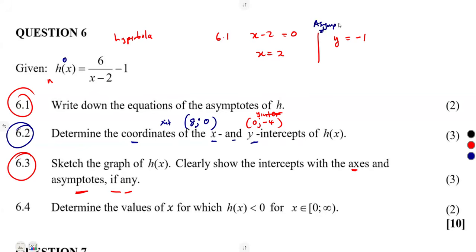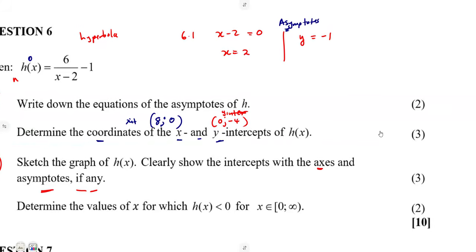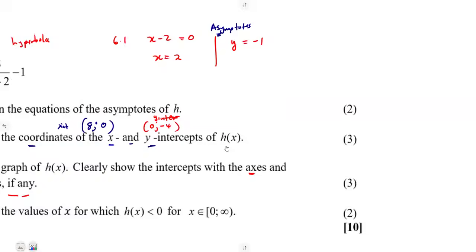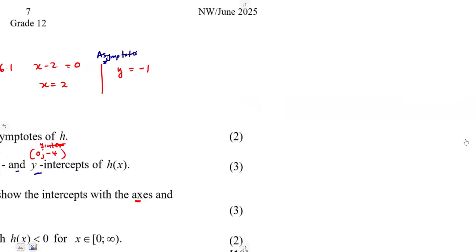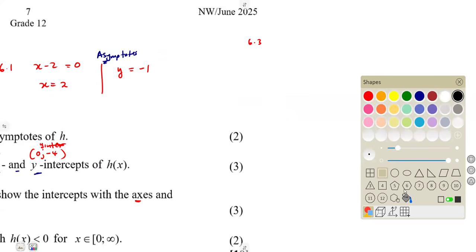So we can play around with this information to have our sketch. All right, so that's our 6.3. We can easily just have a simpler sketch here.